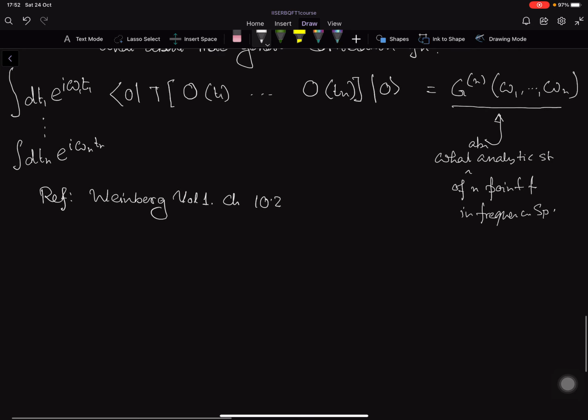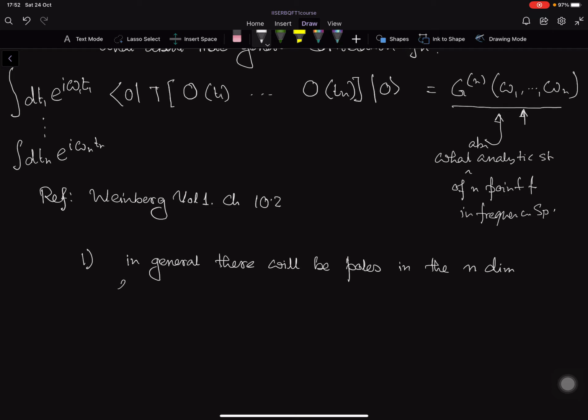And the result is that in general there will be poles in the n-dimensional frequency space, and it is not necessarily the case that the pole will be just in omega 1 or omega 2.